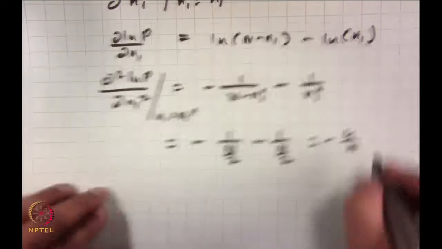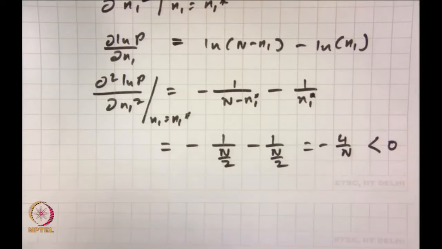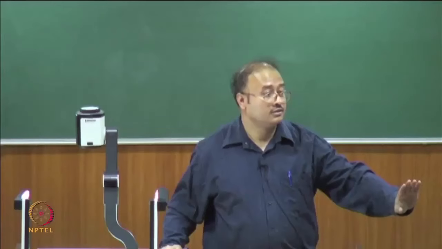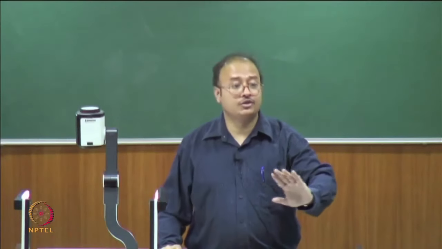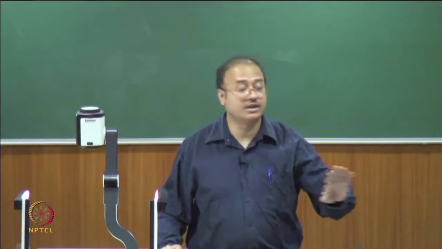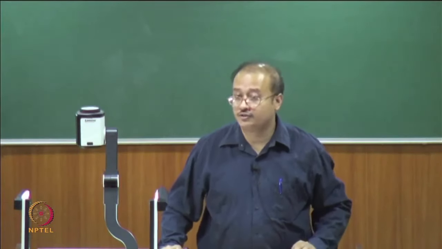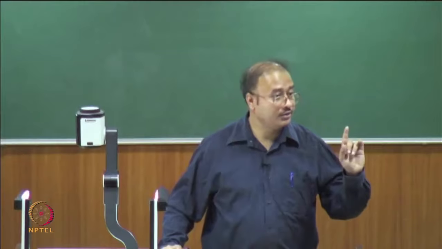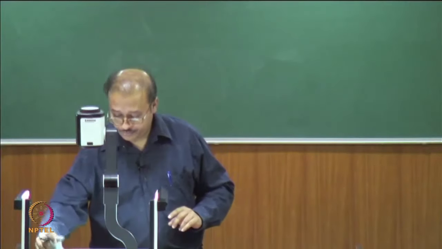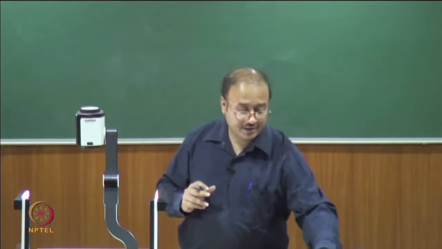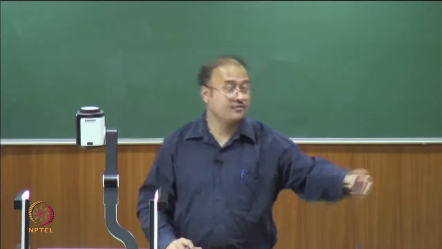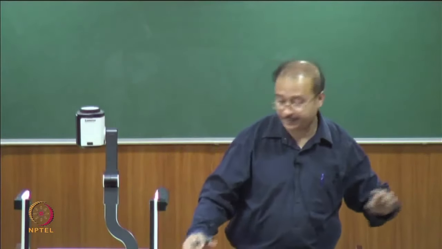So, hence proved that this n1 star, whatever you calculated by equating the derivative to 0, corresponds to the maximum number of steps taken in the positive direction. Clear? Okay. Good.